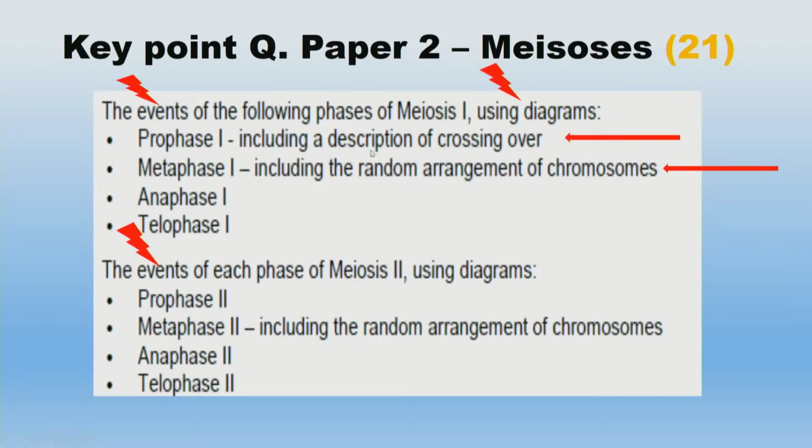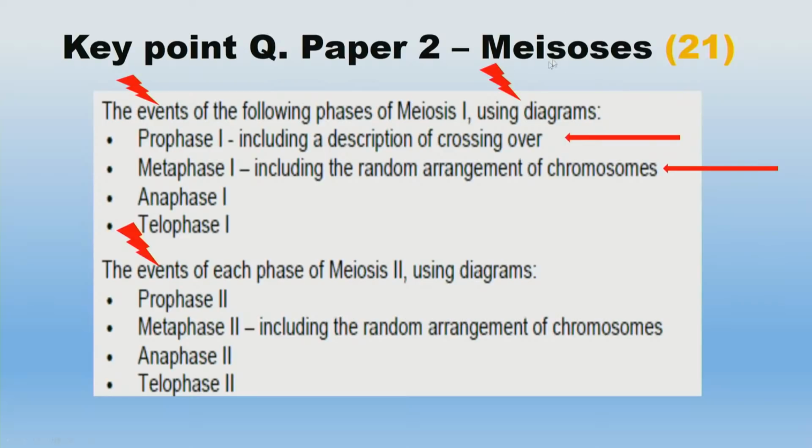I just want to emphasize something here on prophase and metaphase, as meiosis plays a very important role in variation, and also variation plays a very important role in natural selection. So if we look at variation, the role meiosis plays in variation can be asked as a describe or explain question.